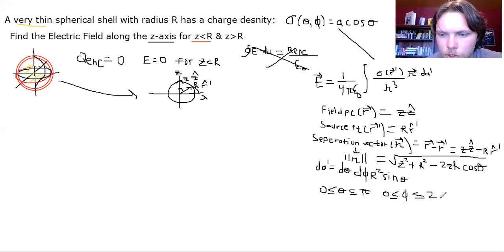Okay, so we pretty much have everything that we need. Now we can set up our integral. This integral is going to turn into a double integral, since we're dealing with two changes.